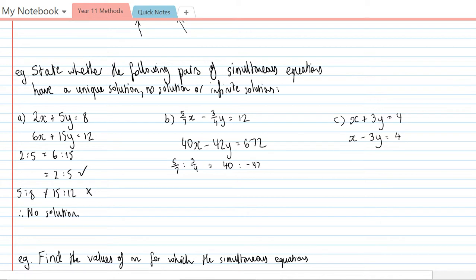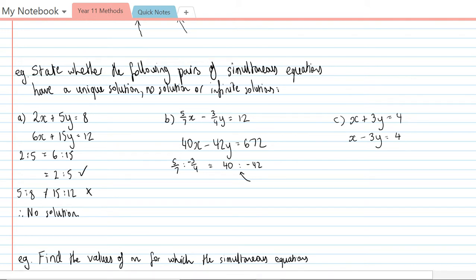I should have made a point of saying negative 3/4 there. So this one here isn't as easy to do, and you could do this using your calculator. Remember that this ratio sign here just means divide. So if you just type in 5/7 divided by negative 3/4 and then 40 divided by negative 42, you would see what they are equal to, and if they are equal to the same thing, then that's good.